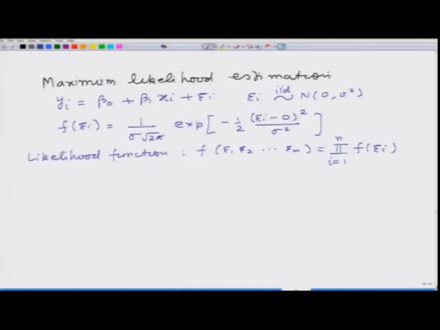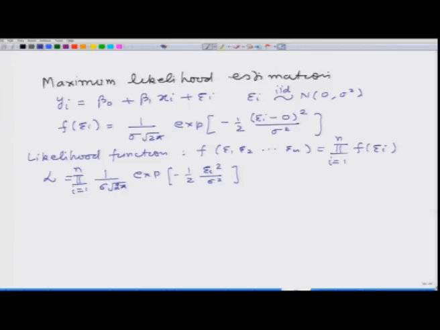So let me denote this likelihood function by L, and then the likelihood function can be written as the product over i from 1 to n of 1 over sigma root 2 pi, exponential of minus 1 over 2, epsilon i square upon sigma square.